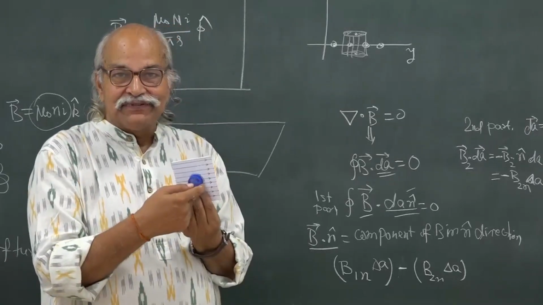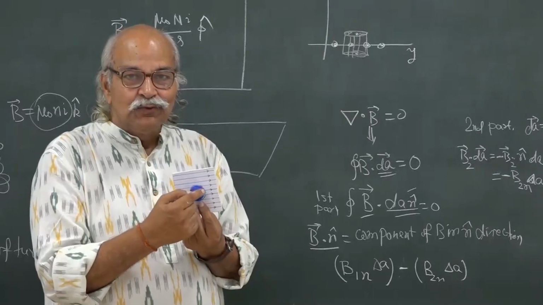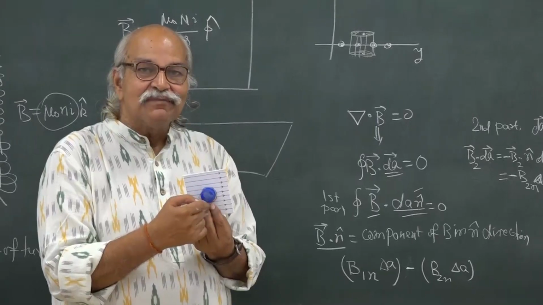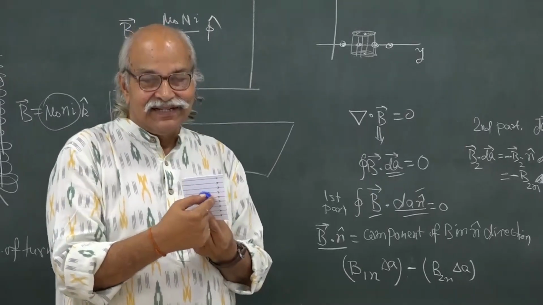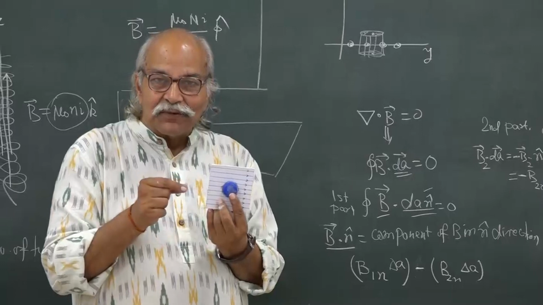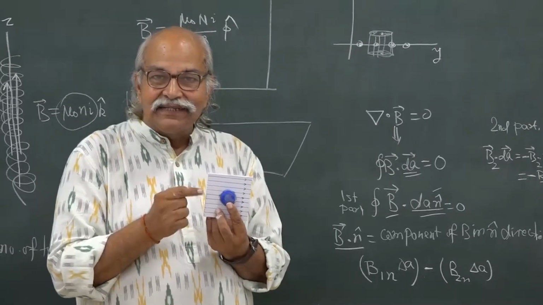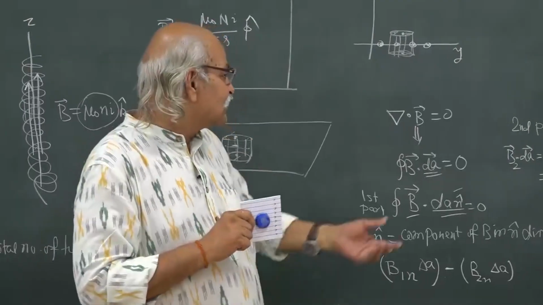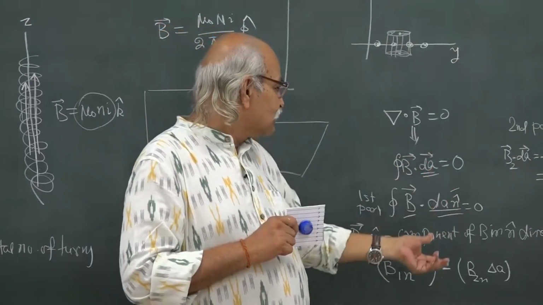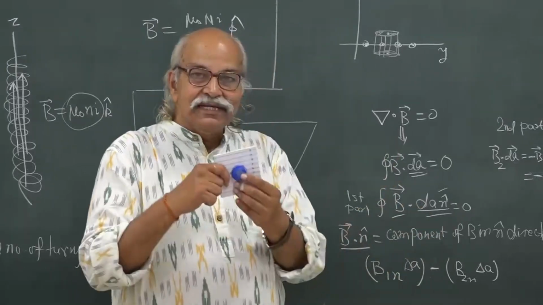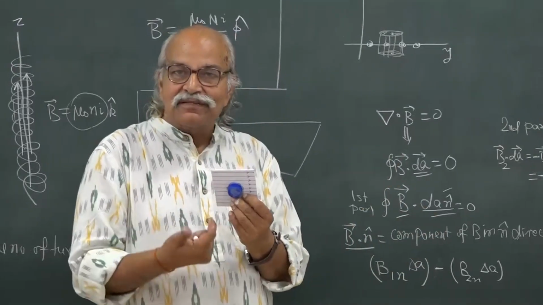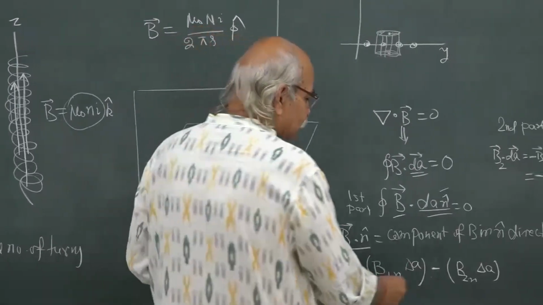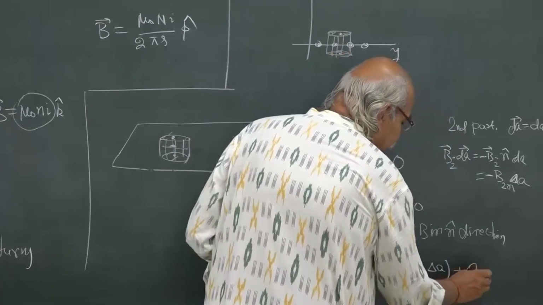How much is this curved surface area of the cylinder? It is 2 pi r, the periphery, multiplied by the height of the cylinder. Since the height is going to 0, the total surface area itself is getting 0, and therefore, B dot dA on the curved surface will be 0, plus 0 for the curved surface.